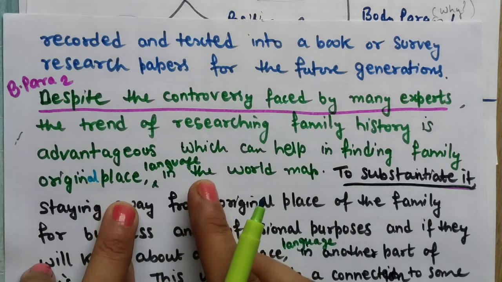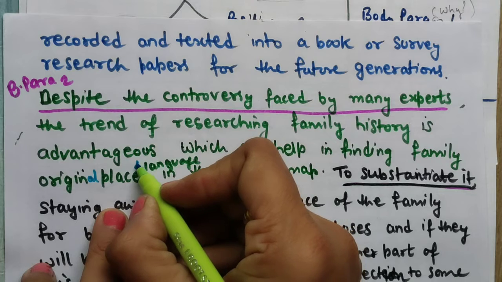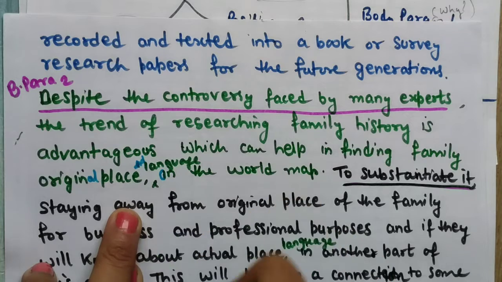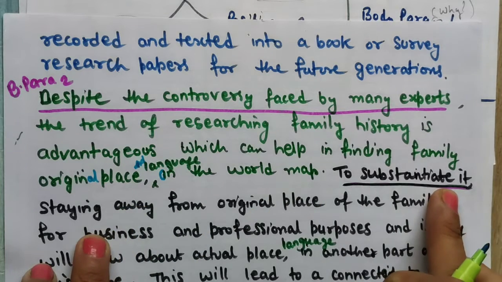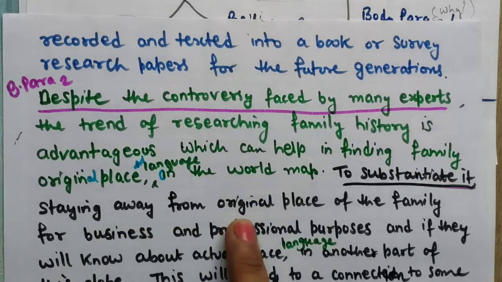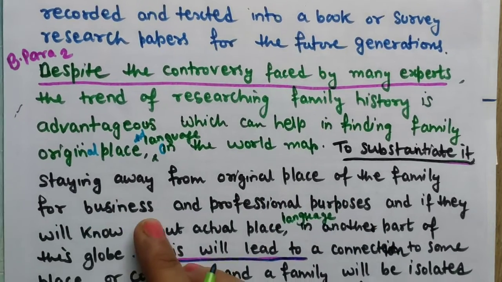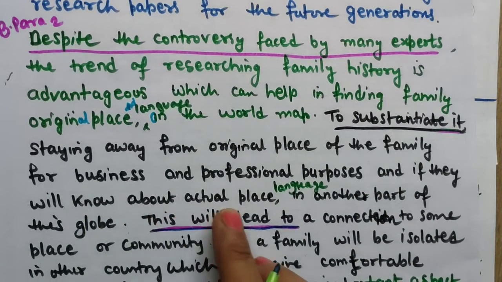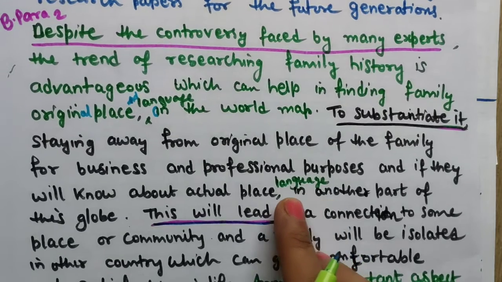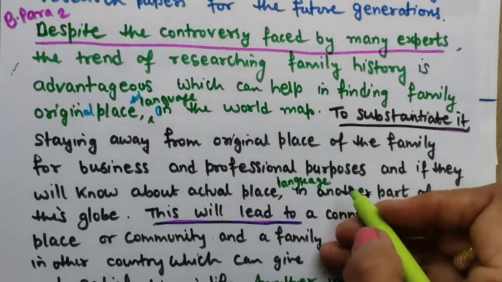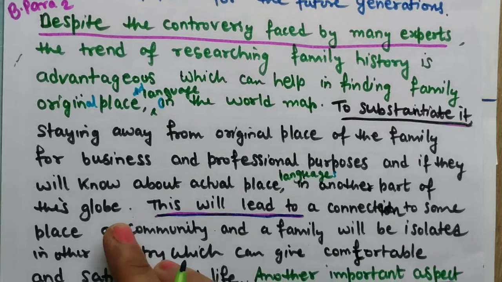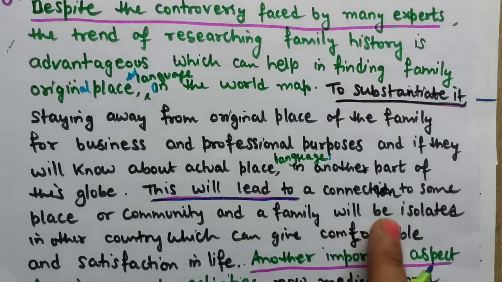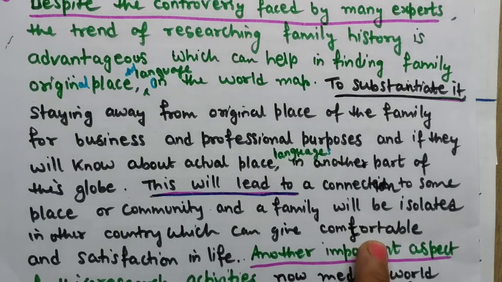Original place, language, and languages on the world map. To substantiate it means to explain it more. A family may be staying away from the original place for business and professional purposes. If they know about the actual place, language, and languages in another part of the globe, this will lead to a connection to some place or community, and the family will not be isolated in another country, which can give comfort and satisfaction in their life.